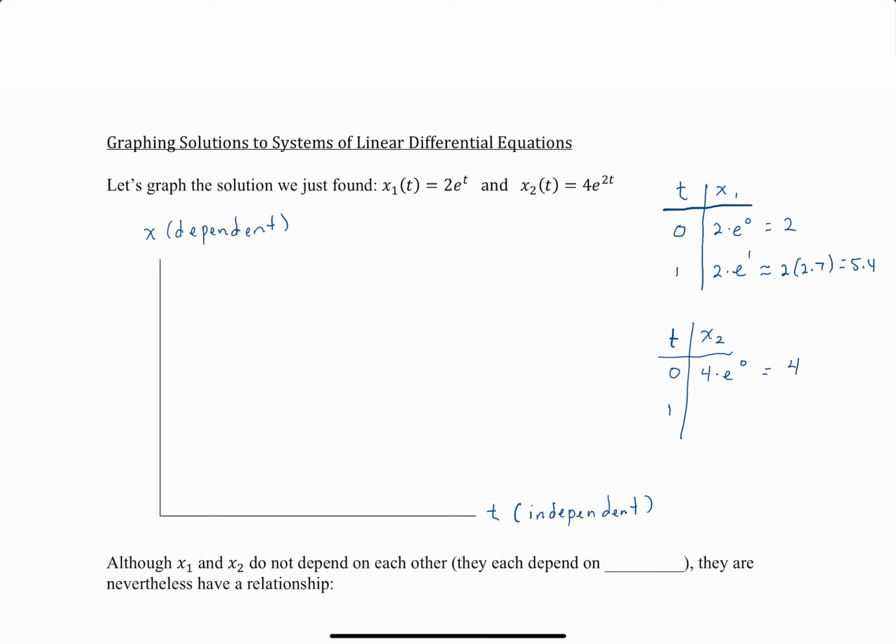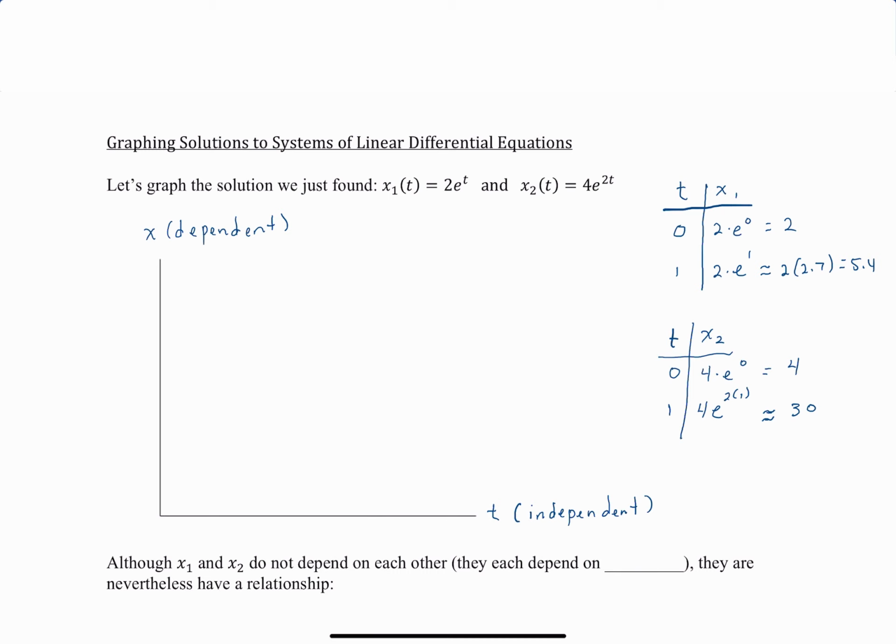And then if t is 1, I have 4 e to the 2 times 1. So that's 4 times e squared. And I definitely need a calculator for that. I get approximately 29.5. I'm just going to call that 30, because I can't graph any more closely than that anyway.